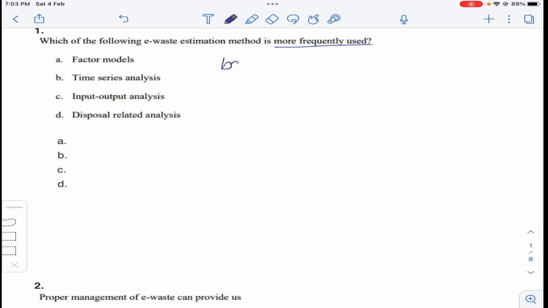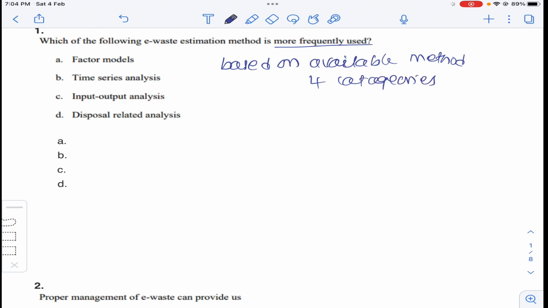Based on available methods, e-waste estimation methods were classified into 4 categories. The first is disposal related analysis.